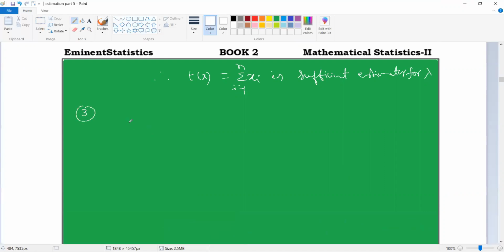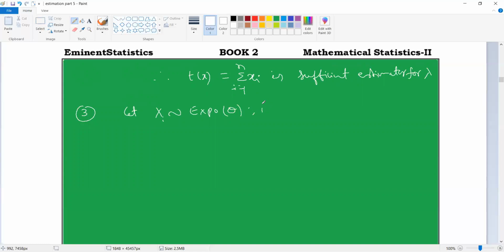Next, another example. Let xi follow an exponential distribution with parameter theta.